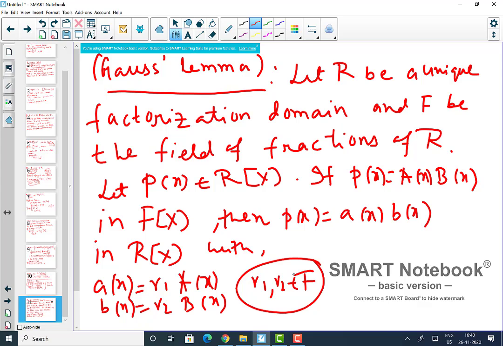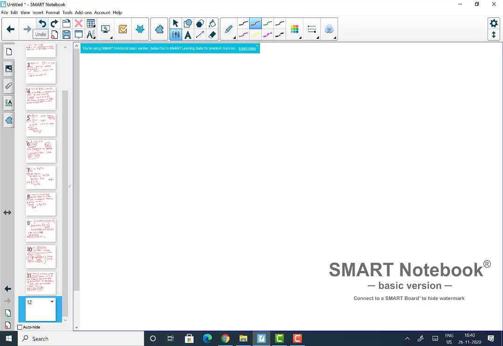Then if you go to the field of fractions of that unique factorization domain, and you find that a given polynomial over R becomes reducible over F, then the polynomial is also reducible inside R itself. The proof is not so simple, so we need to try to understand, but if you do it carefully, then you can find out. Okay, so proof.